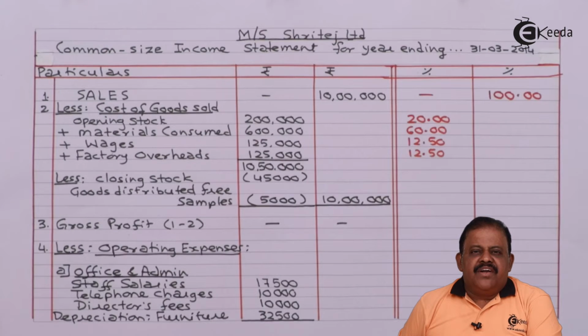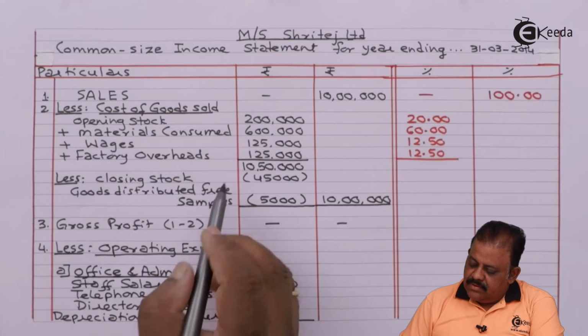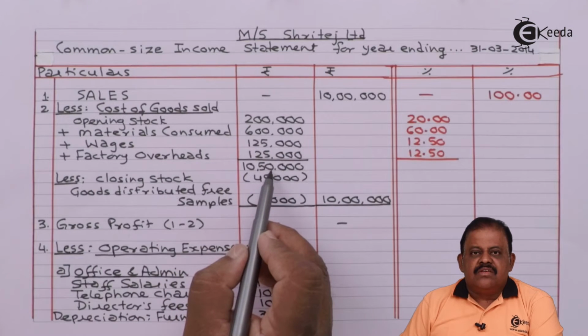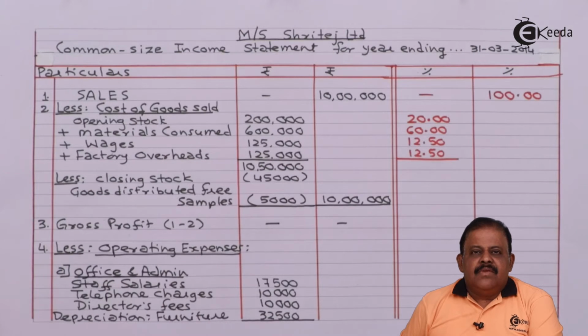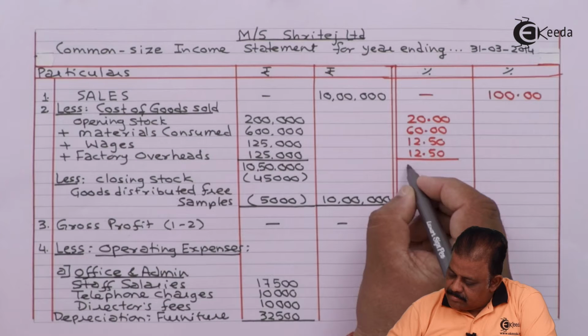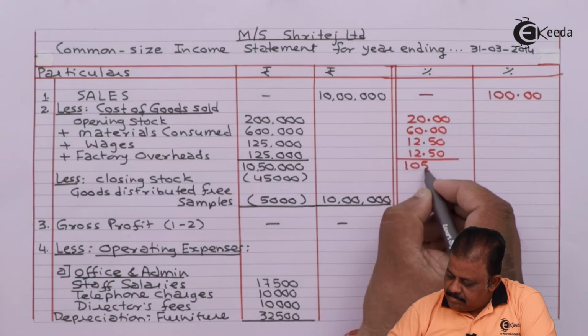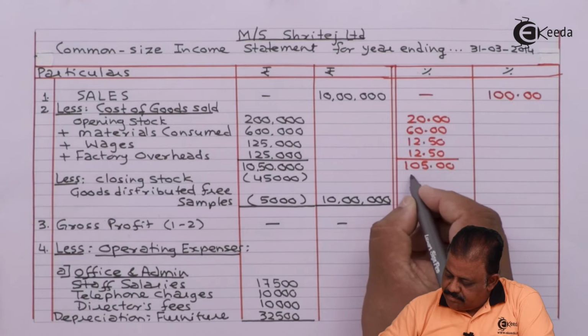It is 12.5. 10,50,000 divided by 10 lakhs multiplied by 100. 105.